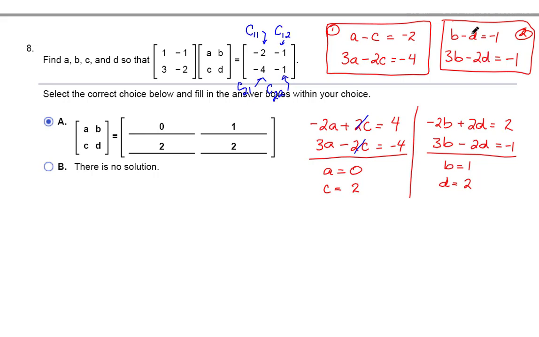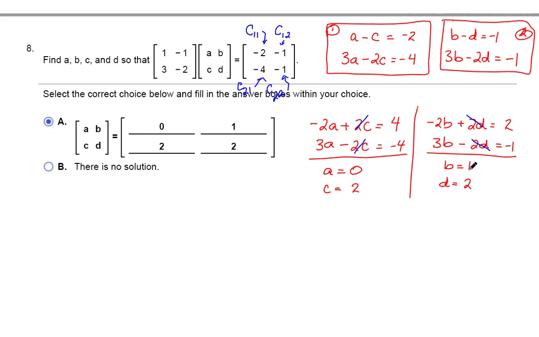In the second one, let's see, what are we going to get rid of? I'd like to get rid of the D. So I'm going to multiply through by a minus 2 again, minus 2B plus 2D, positive 2. Add these up. The D's go away. 3 minus 2 is 1. 2 minus 1 is 1.